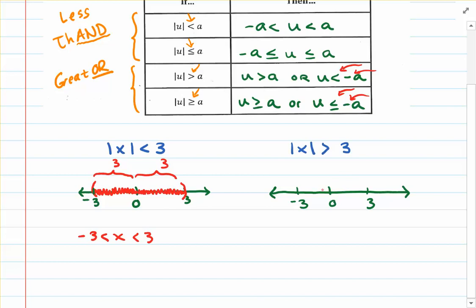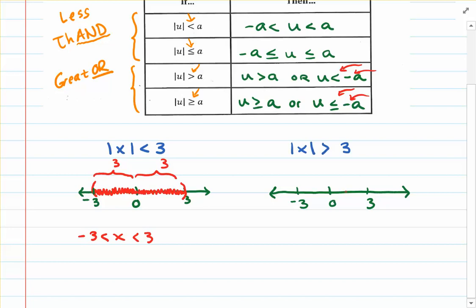So any numbers that are between -3 and +3 are clearly not going to work, because say for instance we sampled x equals 1, 1 has a distance away from 0 that's less than 3 units. So there's actually not going to be any shading between -3 and +3 for something like this.